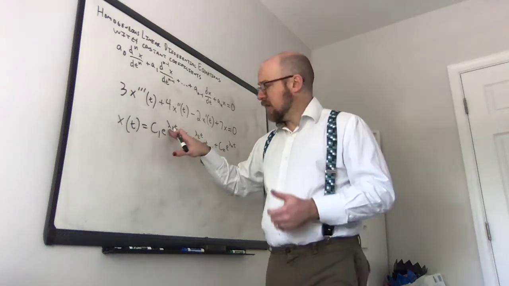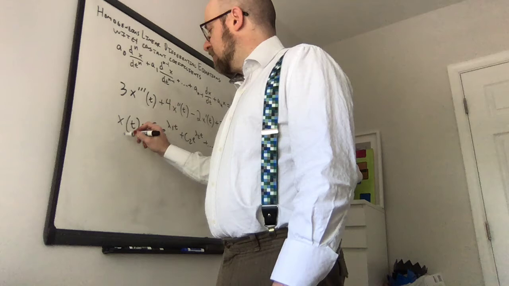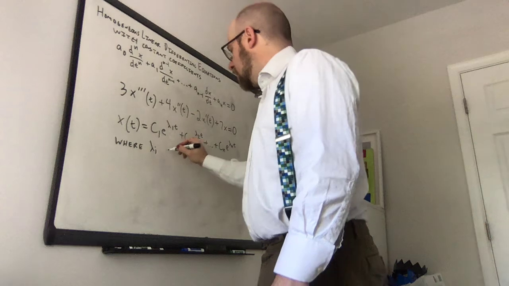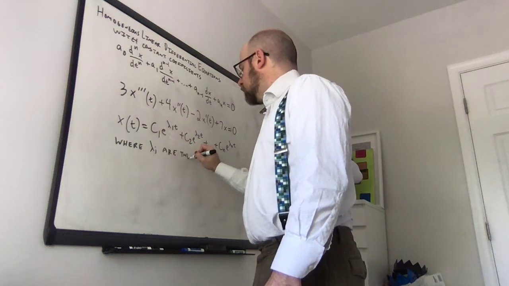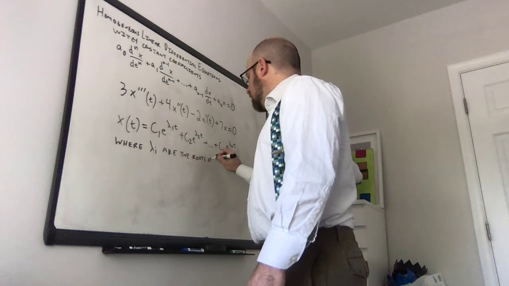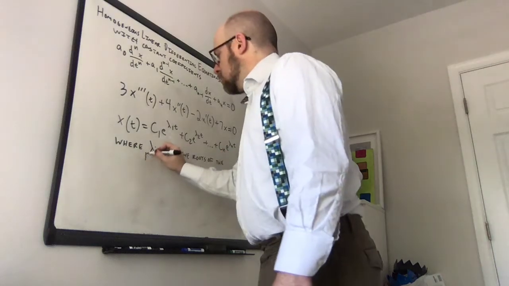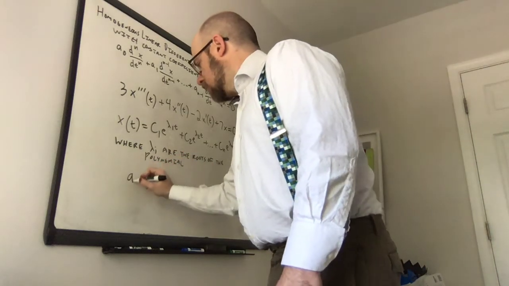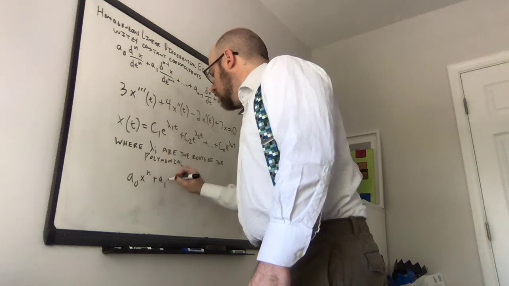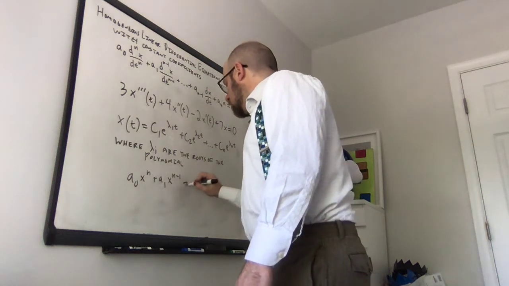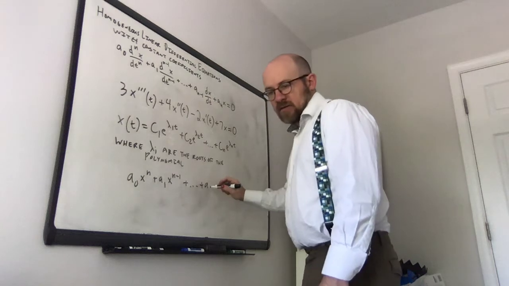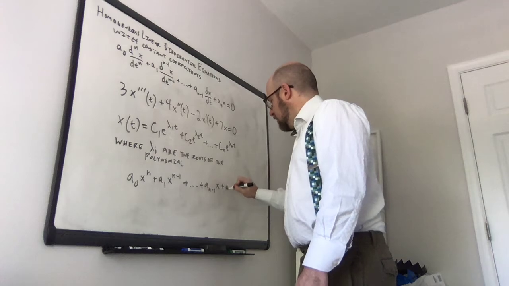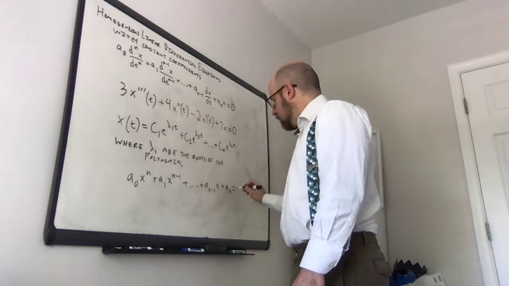So all these lambda i's were roots of polynomials, and this is exactly the same situation. The lambda i are the roots of the polynomial a0 x to the n plus a1 x to the n minus 1 all the way down to a sub n minus 1 x plus a sub n equals 0.